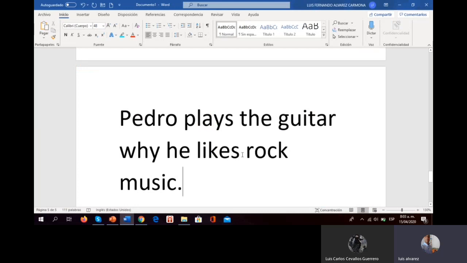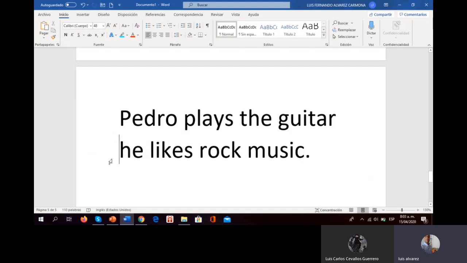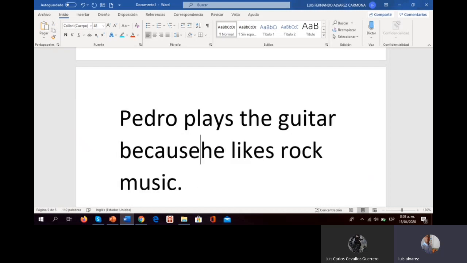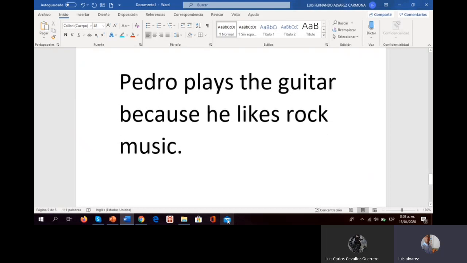Why he likes rock music? No. In this case, using because is going to have a better meaning. Pedro plays the guitar because he likes rock music. So in this case, it's not possible to use why. Think about another sentence.